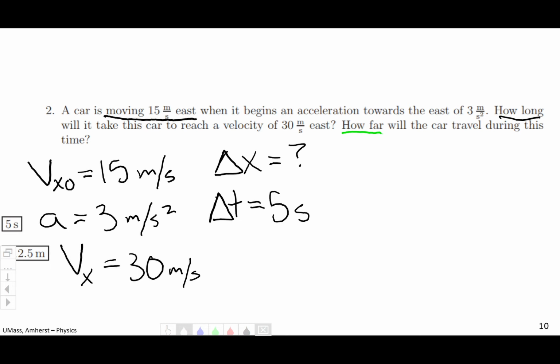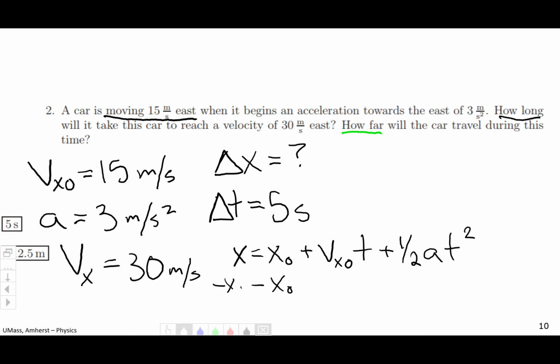I'm going to choose one particular way: x equals x0 plus Vx0 t plus 1/2 a t squared. Now when we subtract over x0, we get x minus x0, which we know is delta x, which is what we're looking for, so that's good.